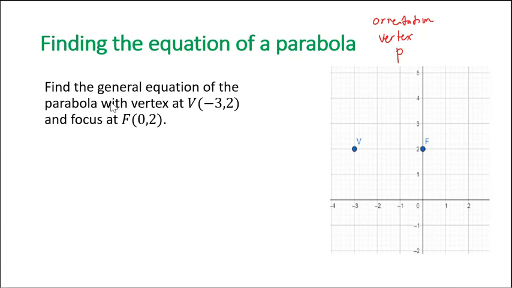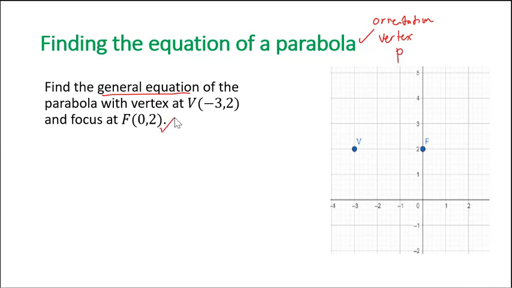So for this particular example, let's find the general equation of the parabola with vertex V at negative 3 comma 2 and focus at F at 0 comma 2. Since we need the orientation, vertex and p, and the given information already includes the vertex, all we need to do is to determine the orientation and the value of p.